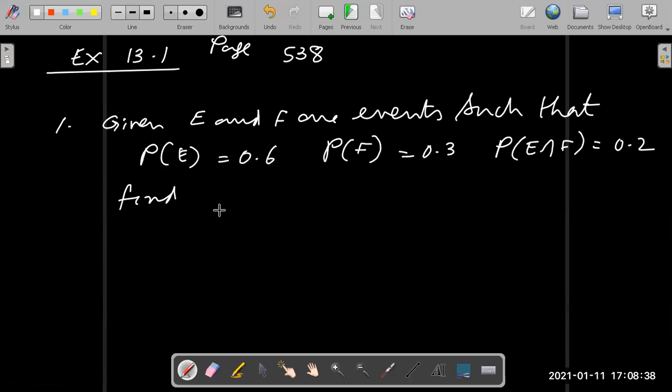Find probability of E given F and probability of F given E.